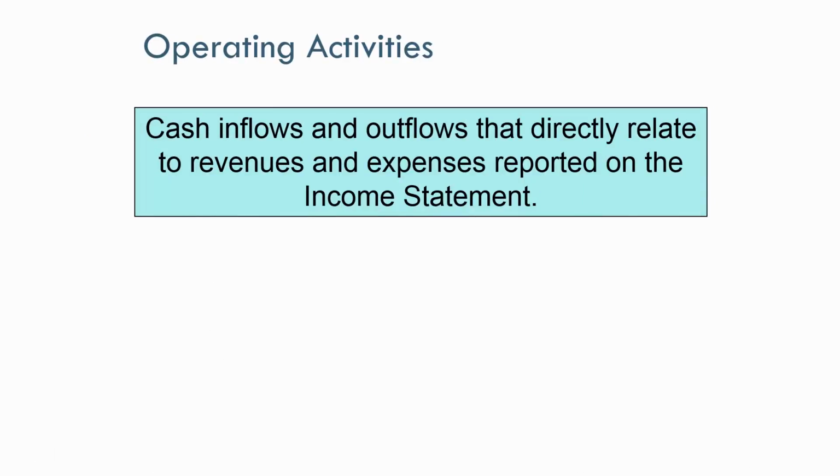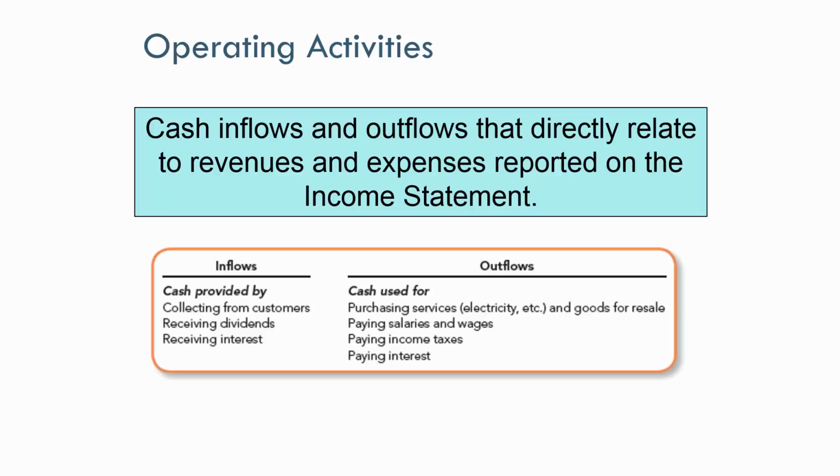Operating activities relate back to the income statement. Here are some examples then. Collecting cash from customers, receiving dividends, receiving interest. Why would a company receive dividends or receive interest?